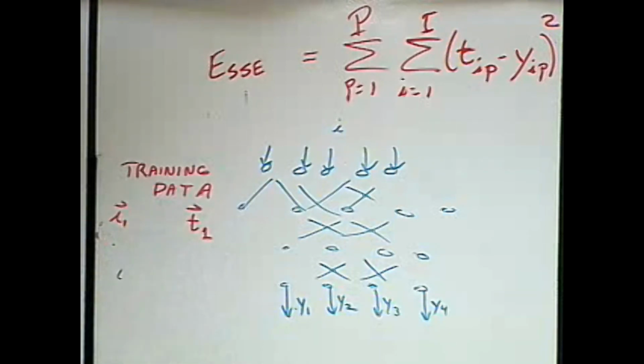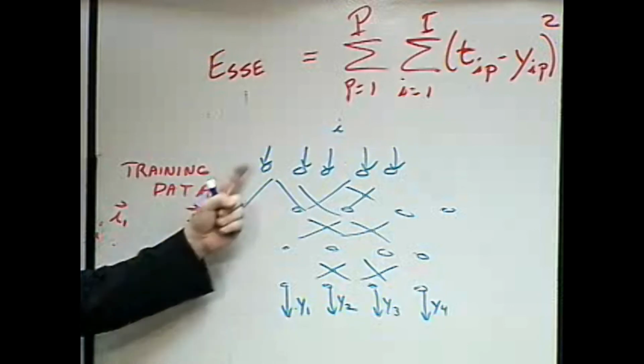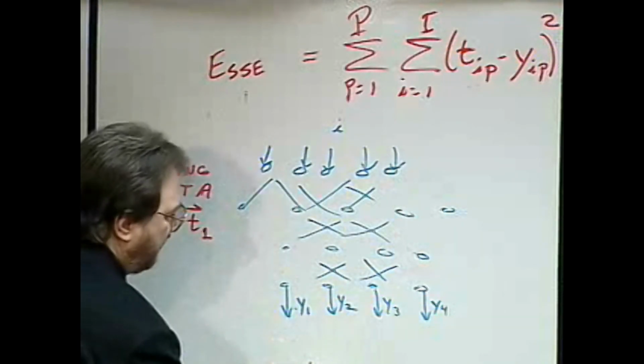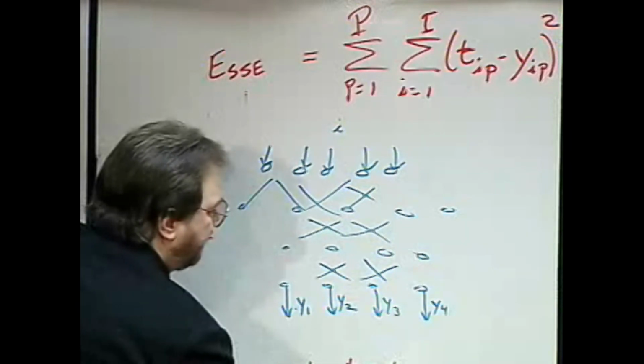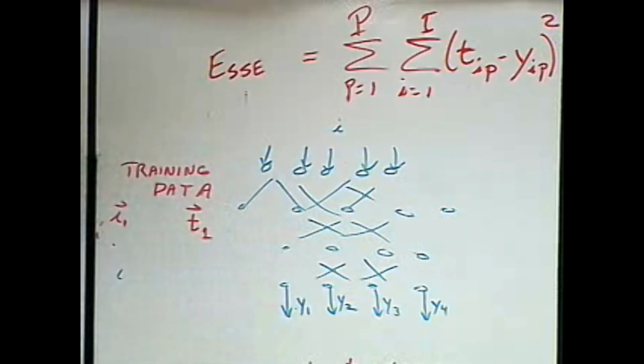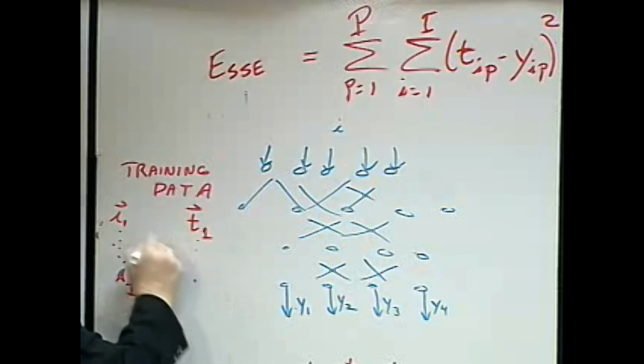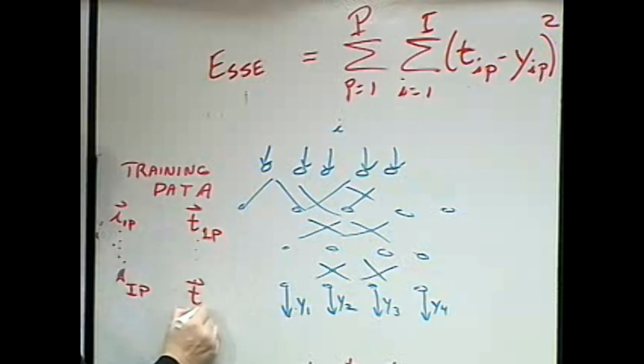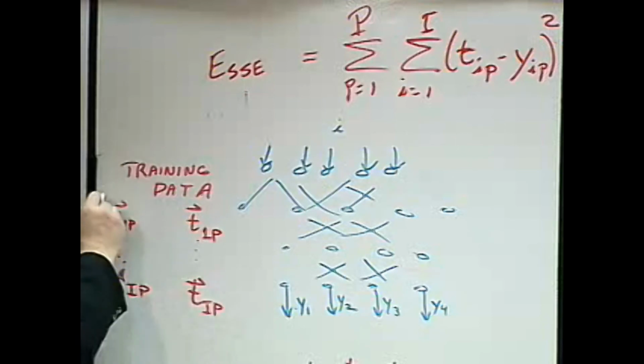In other words, if we put in these values of I1, we should get out T1, T2, T3, and T4, which is the T vector. But we have P of these, so we go down to I sub P, and this goes T1P, T2P, all the way down to the target for IP. So this is our training data.